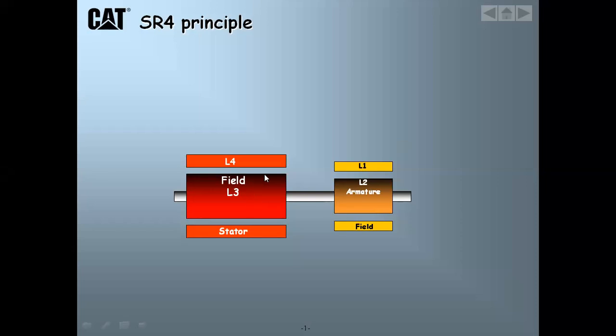One, the red, is the main generator, and the other, the brown, is the excitation generator.